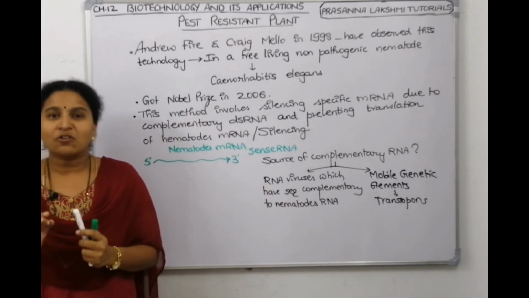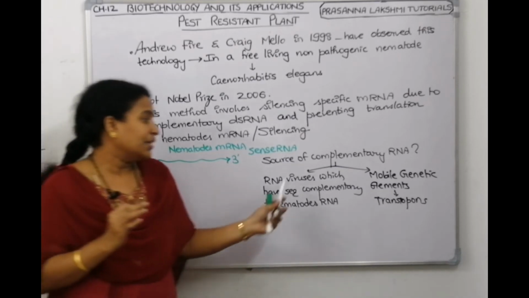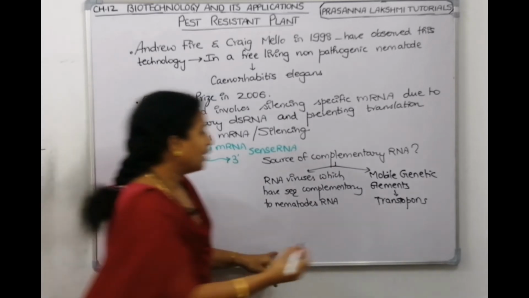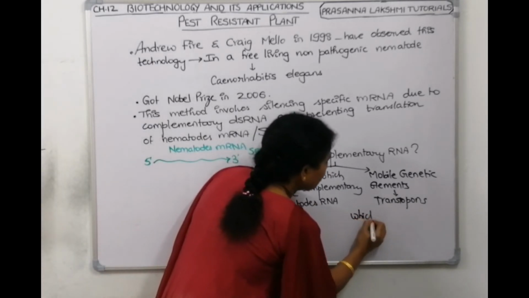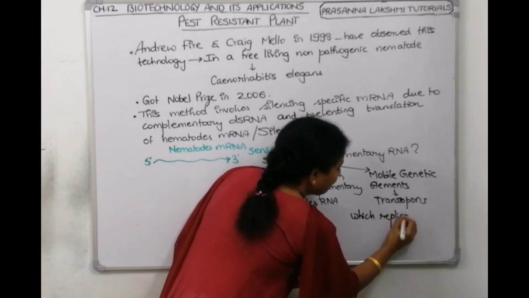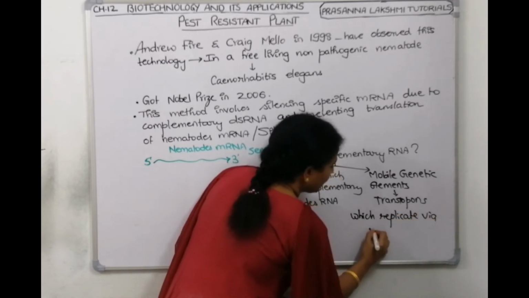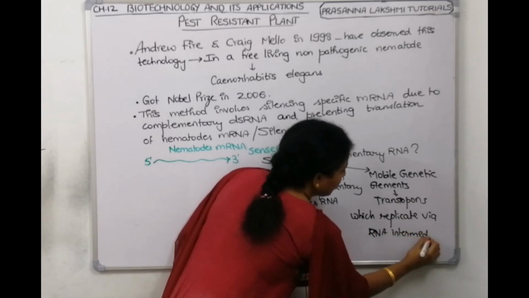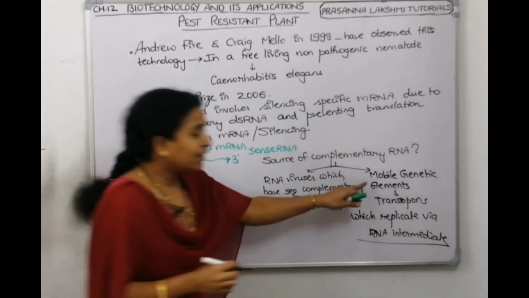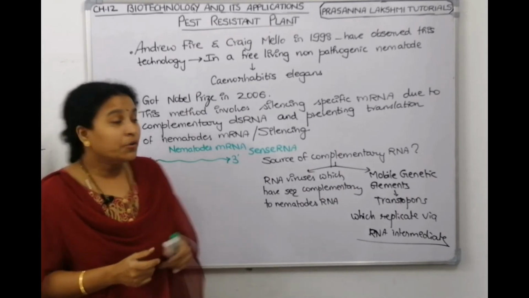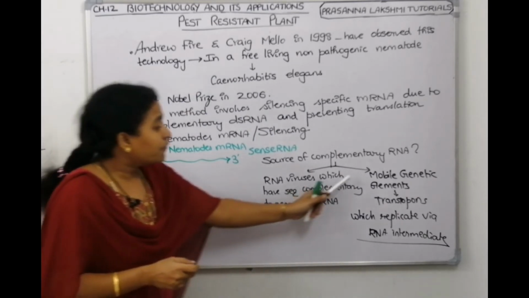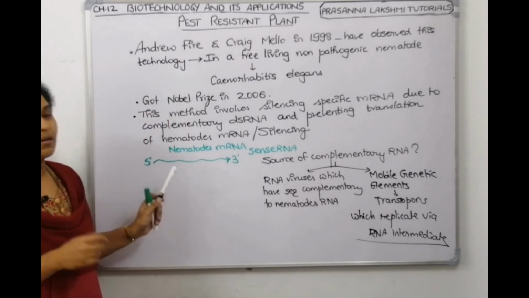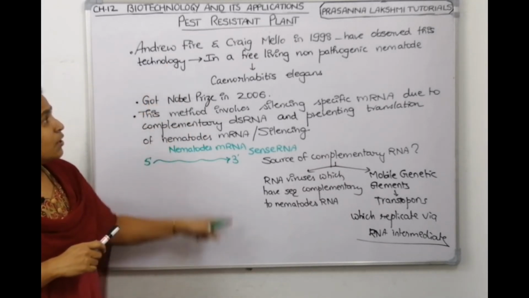So the source for the complementary RNA is either RNA viruses or mobile genetic elements which replicate via an RNA intermediate. Mobile genetic elements means DNA, no? But what you need is RNA, no? So from DNA you have to make an RNA, then that RNA will go and bind here. Hope you understood.